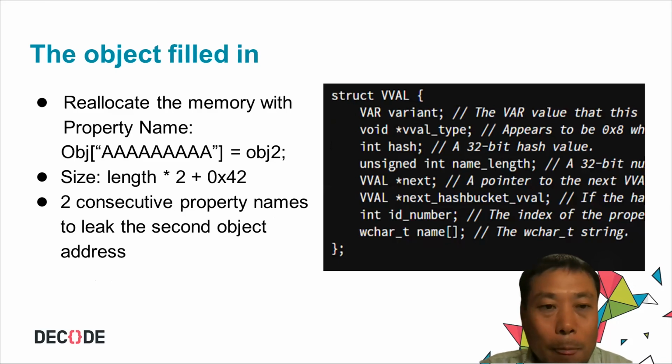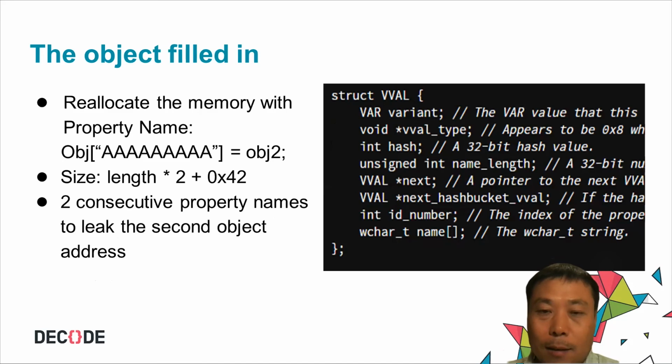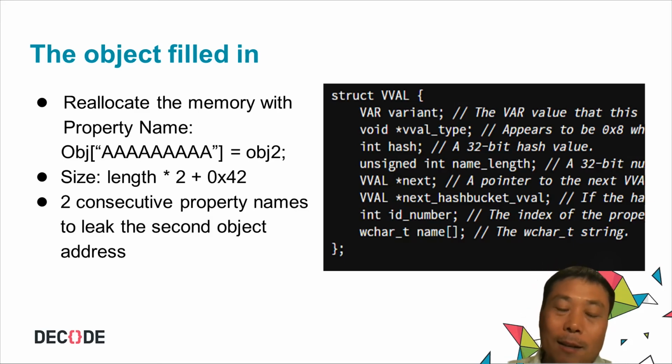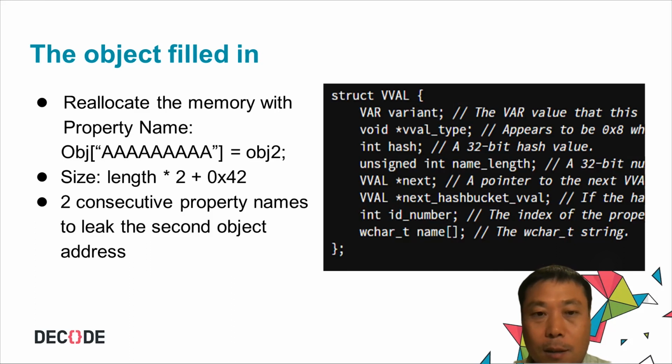So we'll reuse the memory with the property name object. You can see on the right, this is the structure of the new type of object. We can control the size with the length of the name. The name is a string, and we can set the content with different strings.